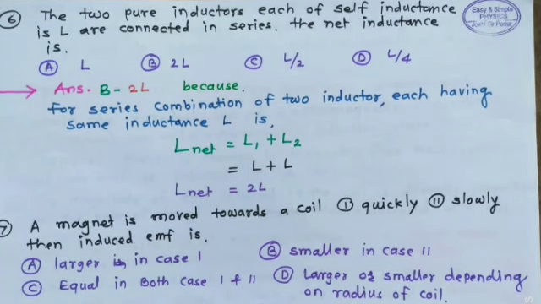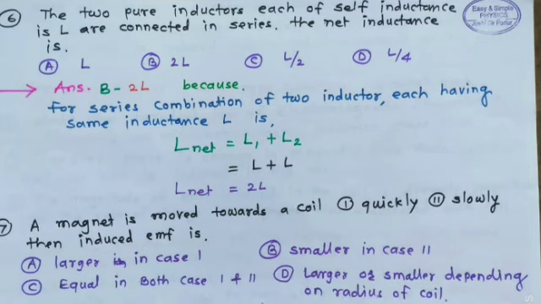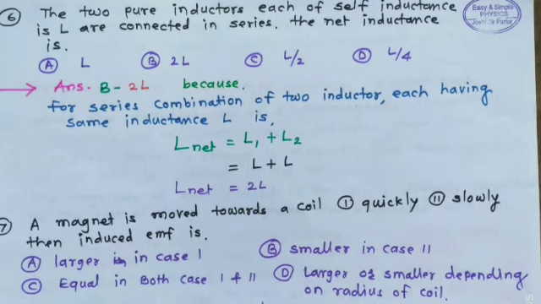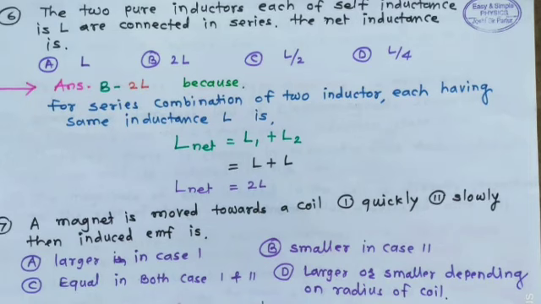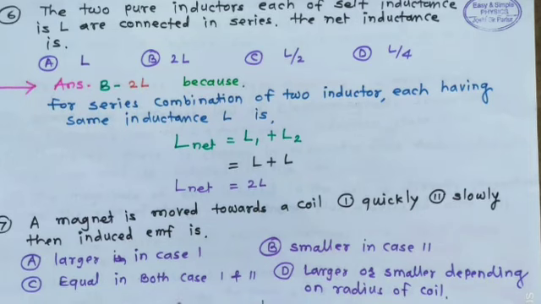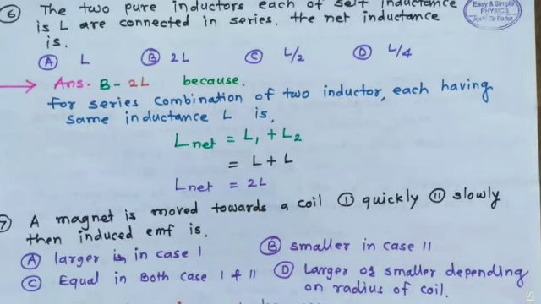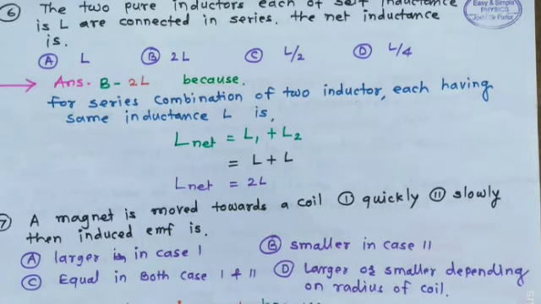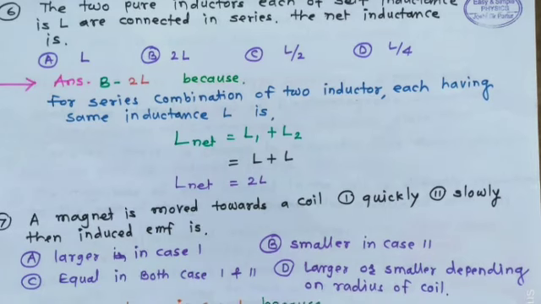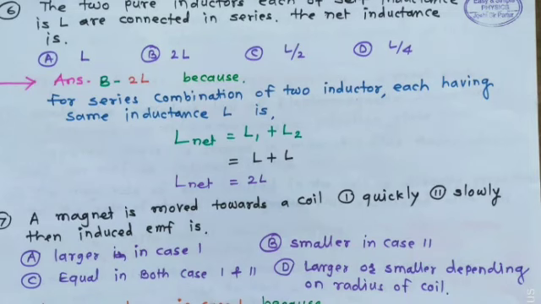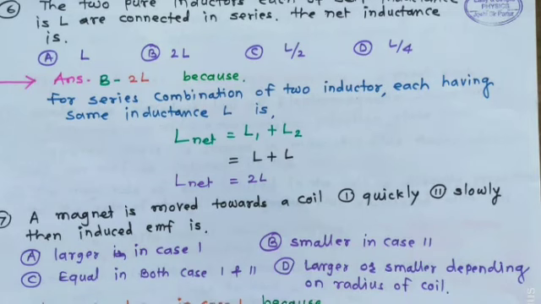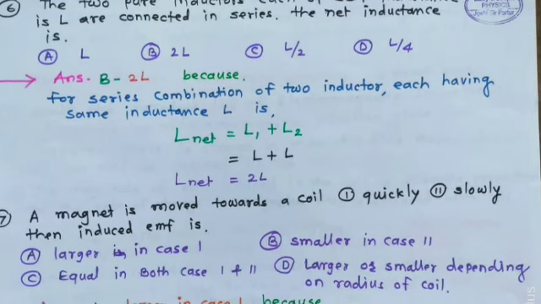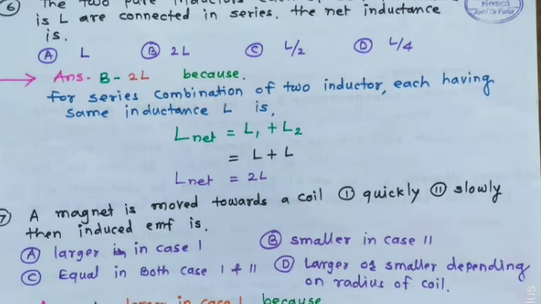Question 6. Two pure inductors, each of self-inductance L, are connected in series. The net inductance is: option A L, option B 2L, option C L upon 2 and option D L upon 4.